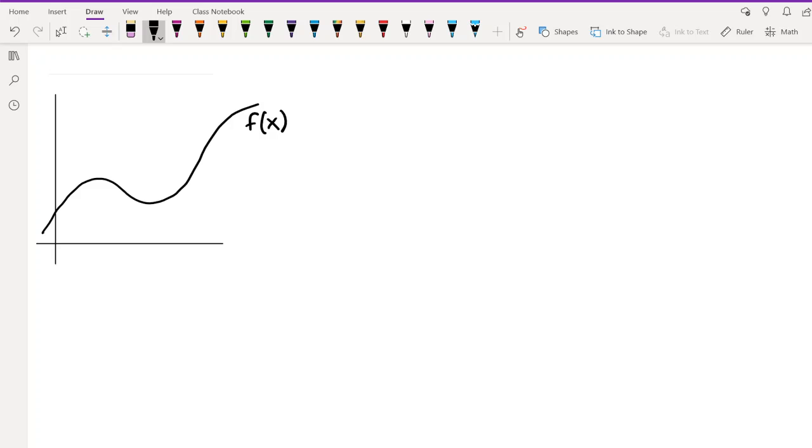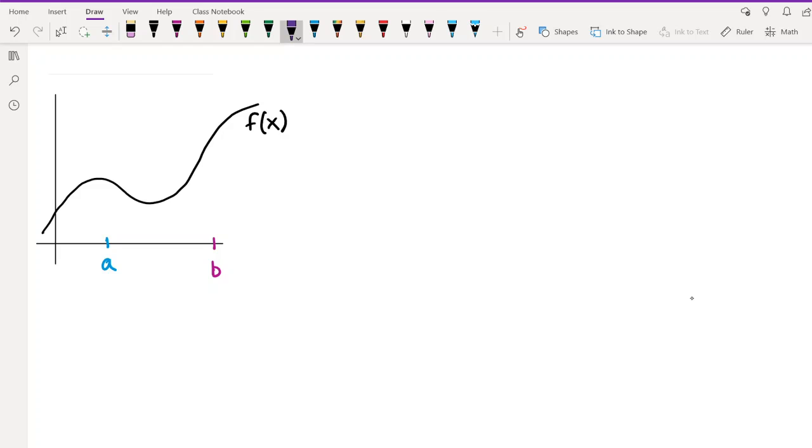Let's say you wanted to find the average rate of change of your function f of x from some x value that we'll call a, to another x value that we'll call b. We're using a and b just to represent two different x values.